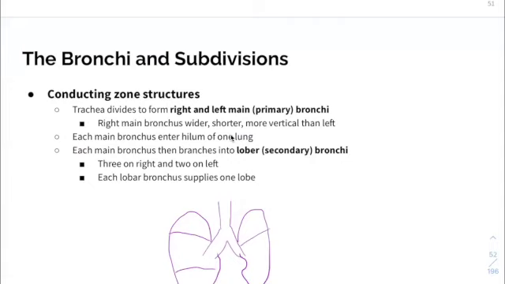And those right and left main primary bronchi will branch into lobar bronchi or secondary bronchi. Those secondary bronchi branch off one to each lobe.